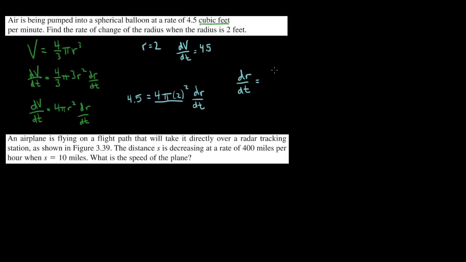So you get 4.5. Let's convert 4.5 to a fraction. That's 9 over 2, right? 9 over 2 times the reciprocal of all this, which would be 1 over 4 pi times 4. So that would be 16 pi? Okay. So that ends up being 9 over 32 pi.